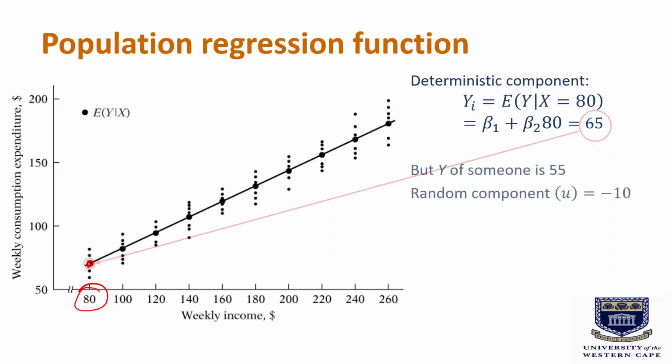However, there are also other values for y at the same x value. So the one right at the bottom here is 55, for instance. And there's another value just above that at 65. And then there are a couple of values also above the regression line. And you can think of this as the stochastic component of the model.